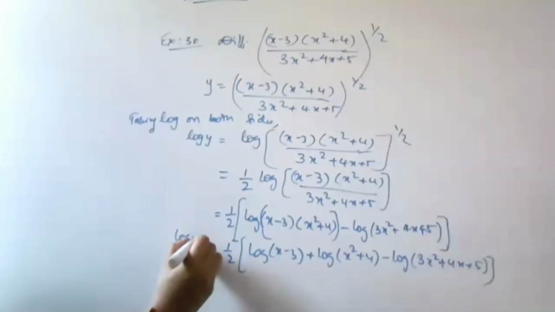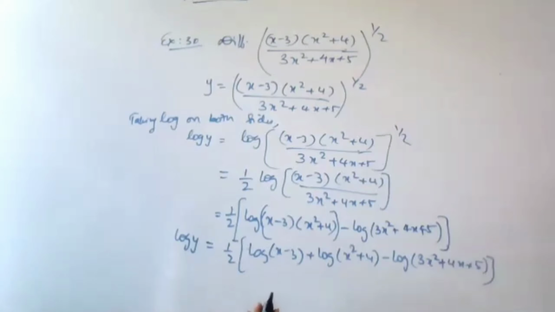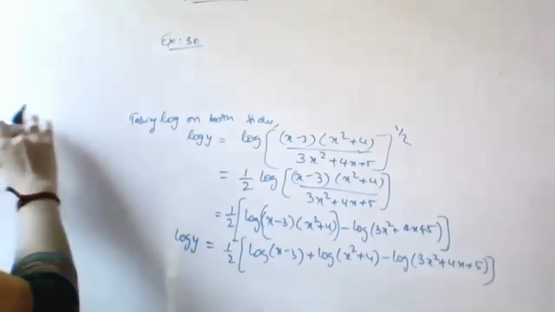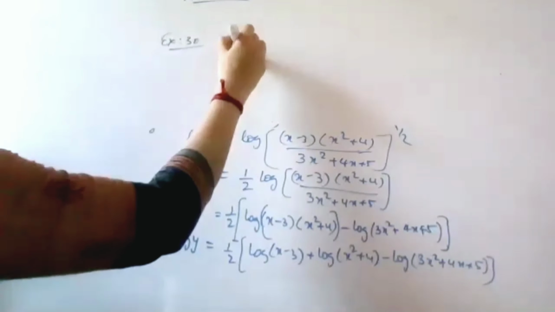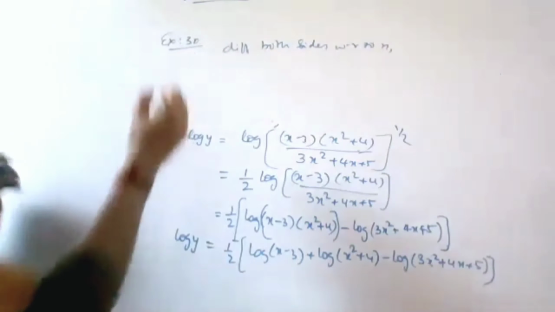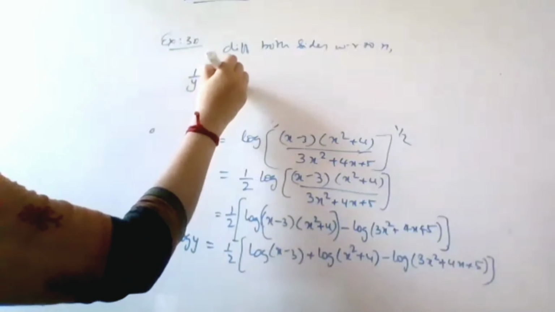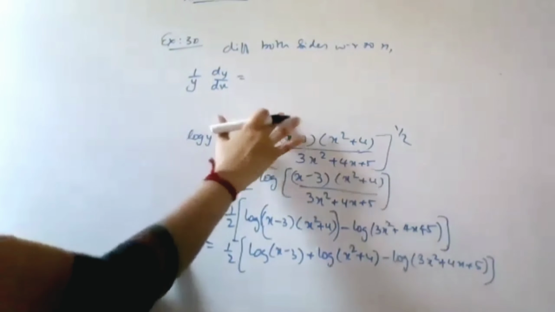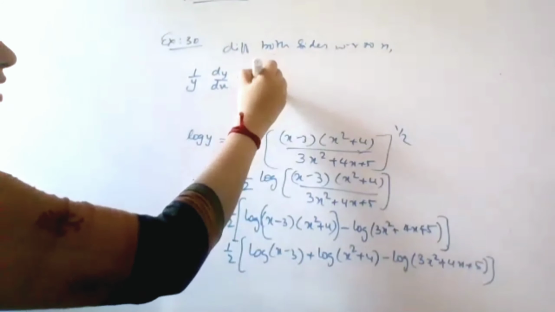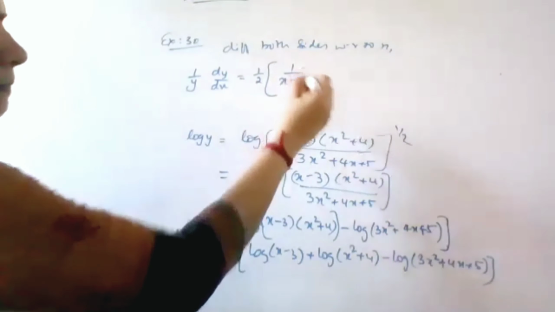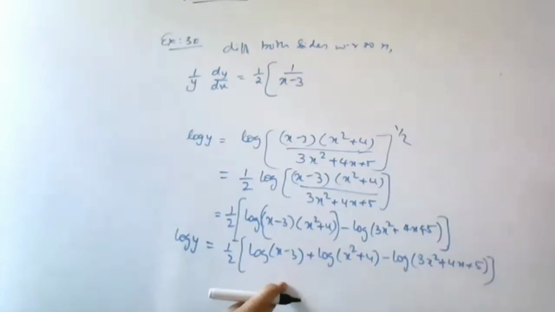So the question is actually log y is equal to this. Now what is the next step? Differentiate both sides with respect to x. So we are just differentiating both sides with respect to x. You will get the left hand side as 1 by y into dy by dx, the derivative of log y, which is equal to 1 by 2 into, what is the derivative of log of something? 1 by that thing, and since it is x minus 3, its derivative will give you 1 only, right?